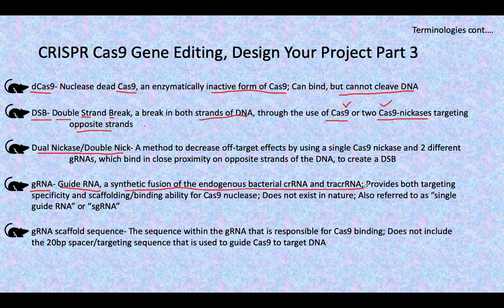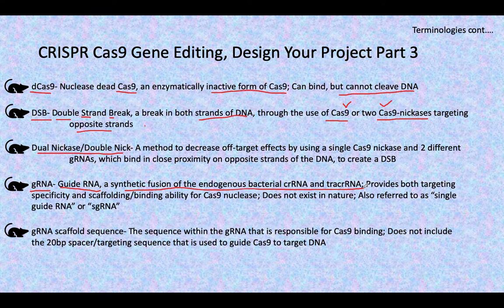For now, just imagine that the guide RNA is the complementary strand to the CRISPR target. Again, I'm repeating, the guide RNA is the complementary strand to the segment of DNA where you want to make a cut.